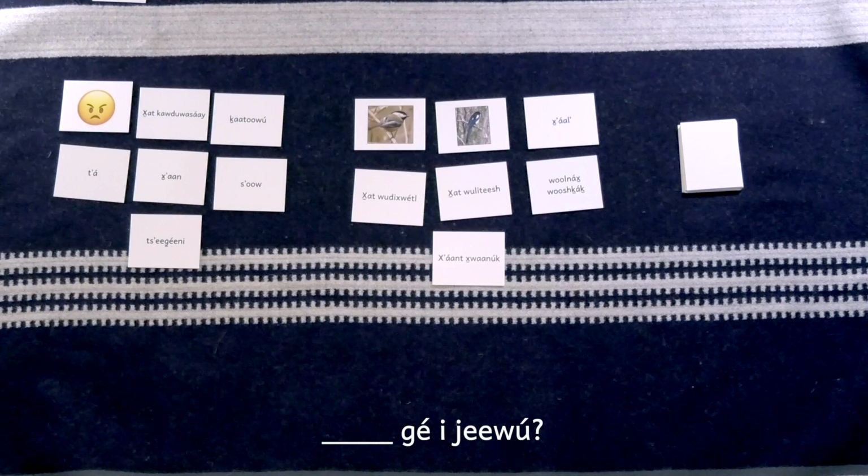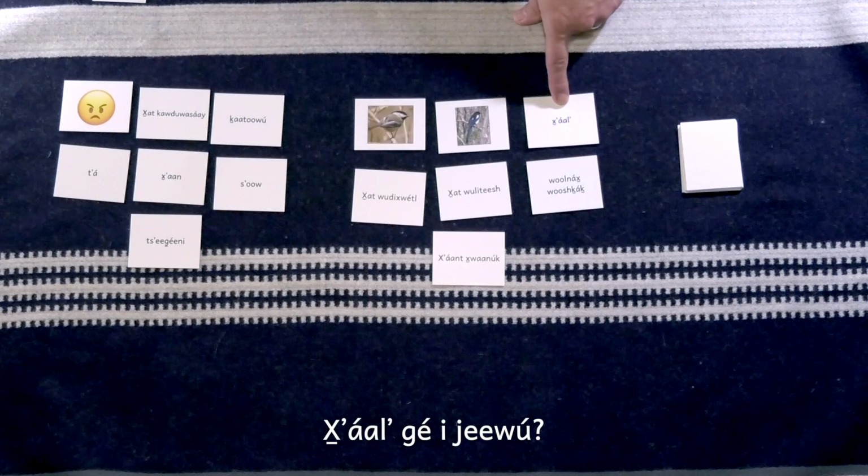Ge ijiwu. So this is how you ask, do you have blank? In English, usually the thing would go last. Do you have skunk cabbage? In Lingít, the thing you're asking about goes first. Ge ijiwu.